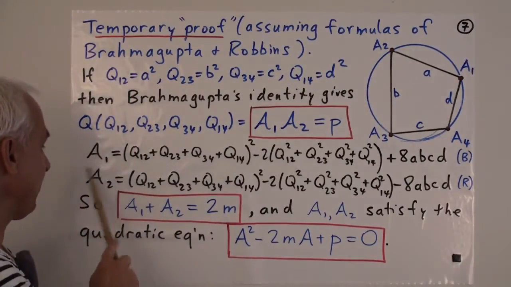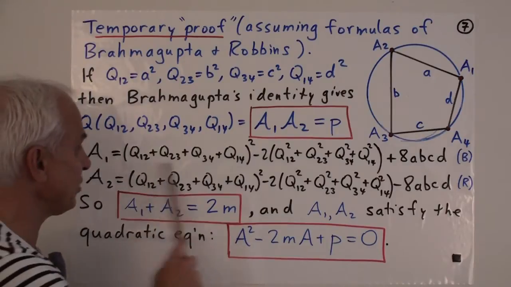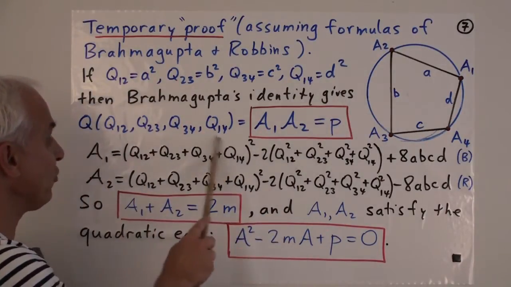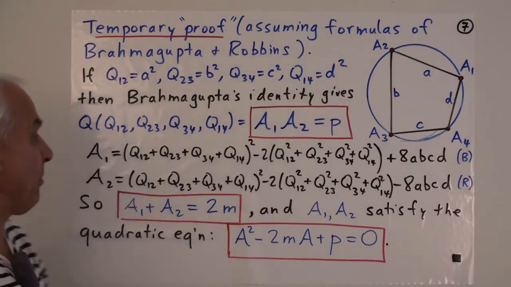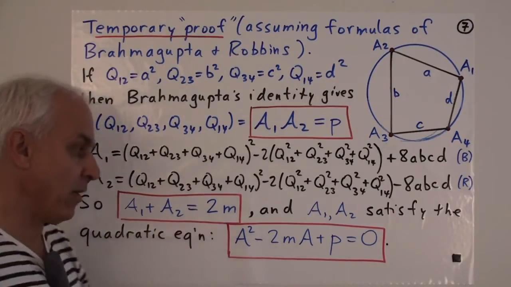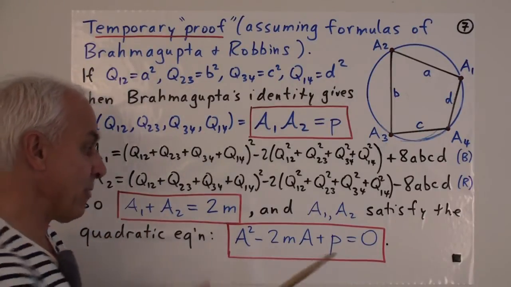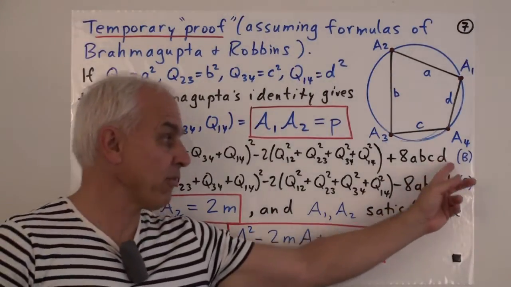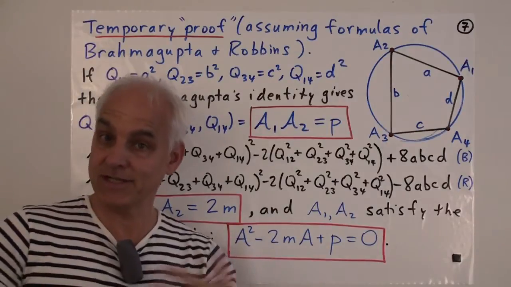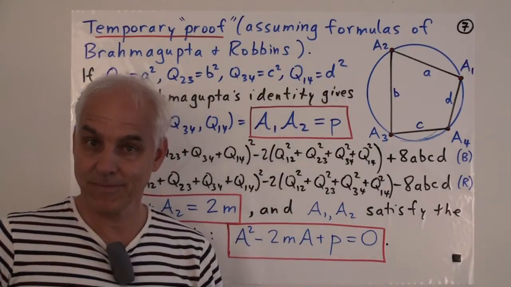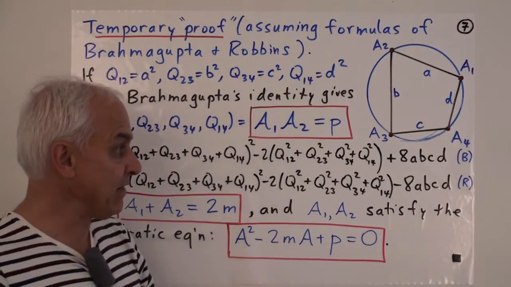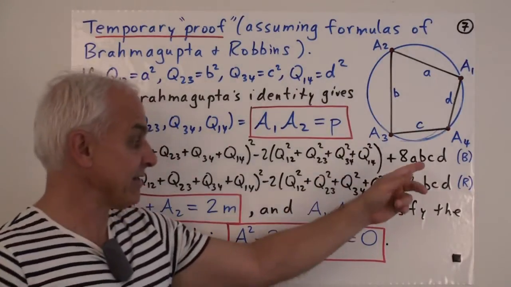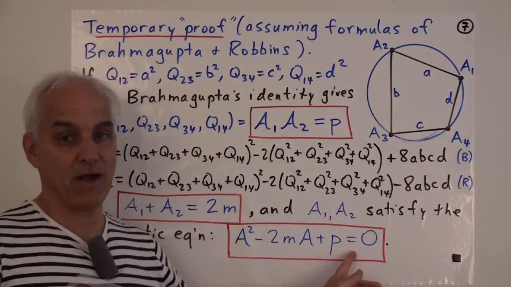Because the sum of these two things was 2M, so this is just M, and the P was just this quadruple quad function applied to these 4 quadrances. So it's now a purely rational reformulation of both the Brahmagupta and the Robbins formulas at the same time, circumventing any need for a discussion about convex or non-convex, since both cases are covered by this one.